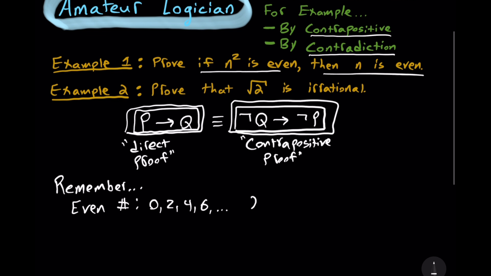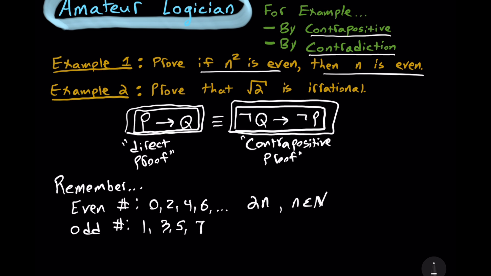It has the form 2n, where n is really some natural number, including the number 0, by the way, in this case. An odd number would be something like 1, 3, 5, 7, etc. And it has the form 2n plus 1. And again, n is some natural number, including 0.